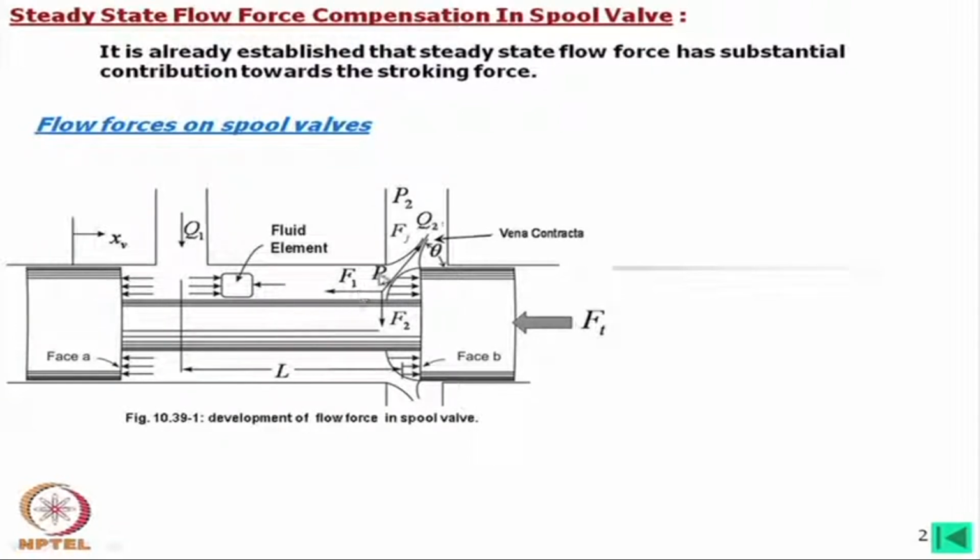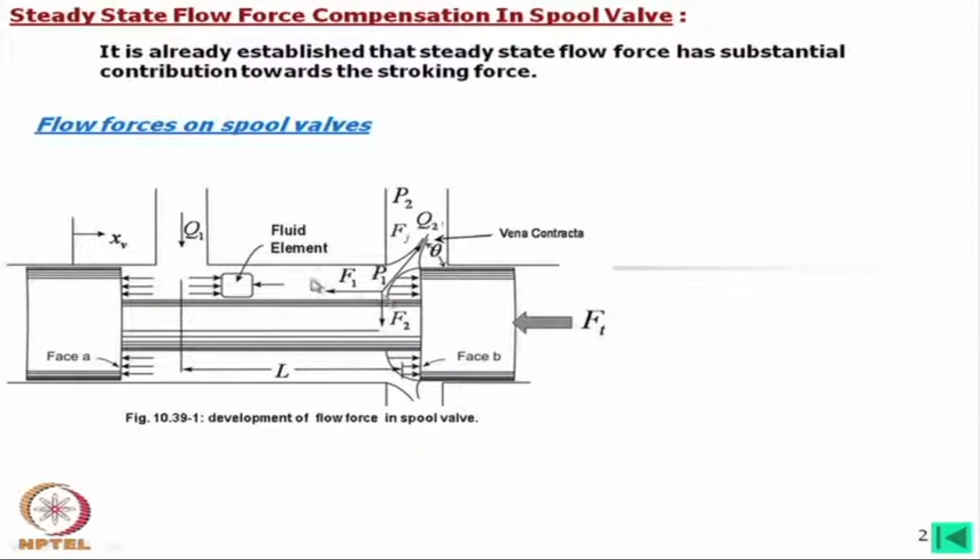But if we consider this jet, then definitely there is a force, because this oil is moving in this direction. If we follow Newton's laws, then there will be force, and that force, if we resolve, will have one in the lateral direction and another in the axial direction of this spool. Now, this force is called flow force.